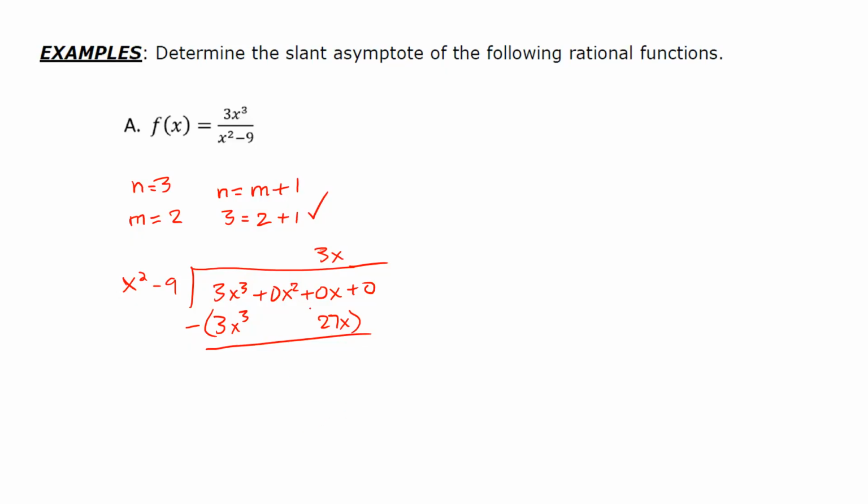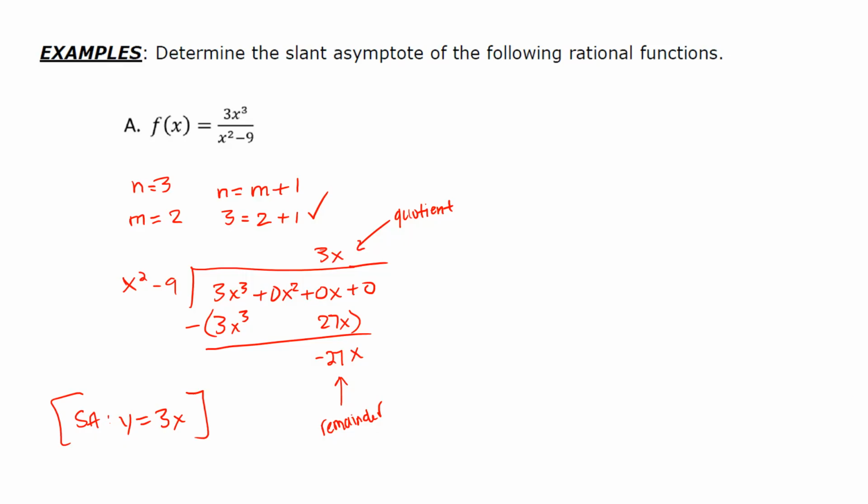Okay. So now I'm going to subtract, and I'll get negative 27x. So negative 27x is the remainder, and 3x is the quotient. Now my slant asymptote is going to be y equals the quotient. So that means my slant asymptote is going to be the line y equals 3x.